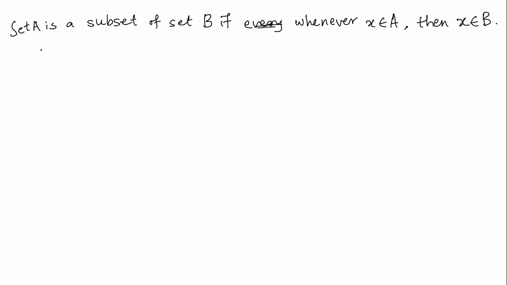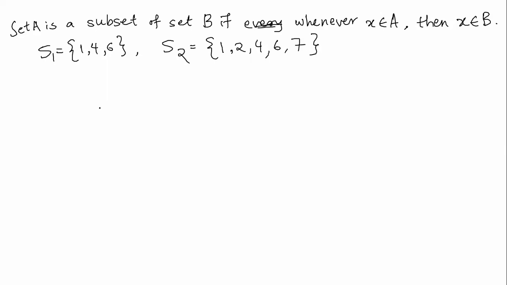For example, suppose S1 is a set which contains 1, 4, S2 is equal to 1, 2, 4, 6, 7. Then S3 is equal to 1, 4, 6. So we know that S1 is a subset of S2, but S2 is not a subset of S1.